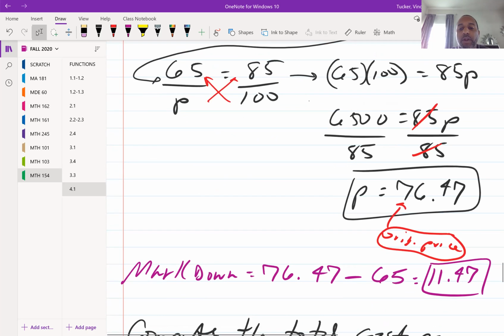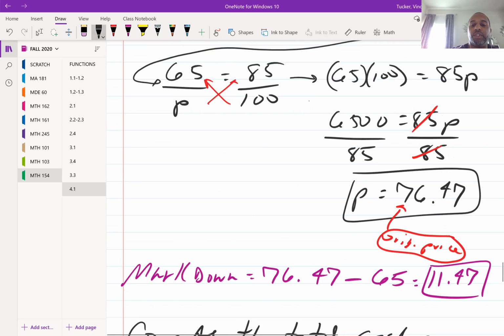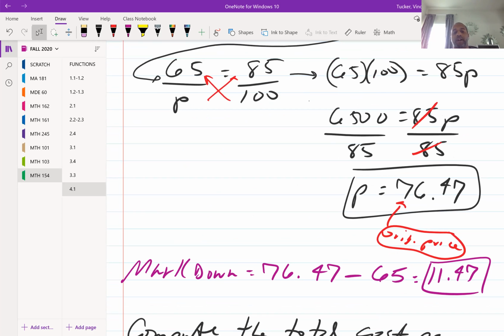So if you want to find the markdown to fill in this last piece right here, you would just subtract 65 from that 76.47, and you're left with $11.47 as your markdown. All right. Any questions?